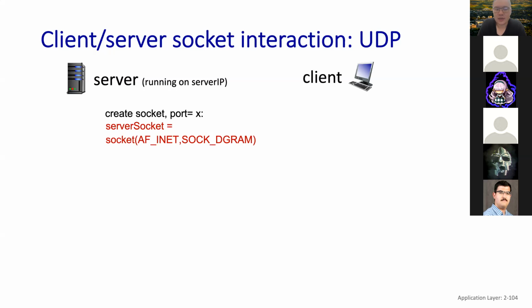Generally speaking, at the beginning you need to import socket, and after that you can use it. So you use socket, AF_INET, and SOCK_DGRAM. We will explain the syntax of each function later, but the general idea is to first create a socket.